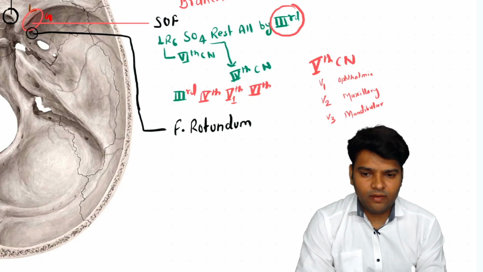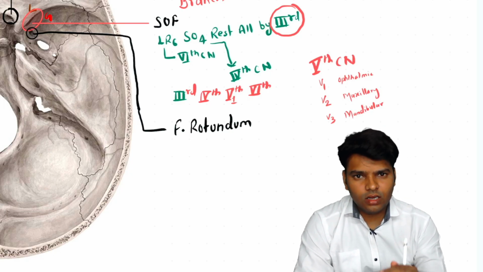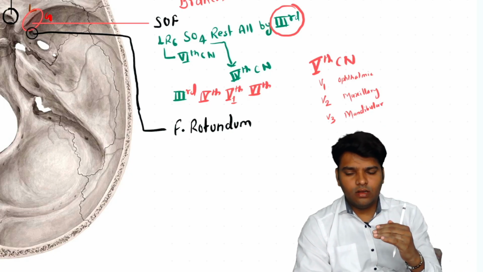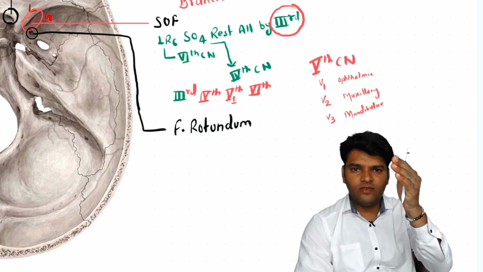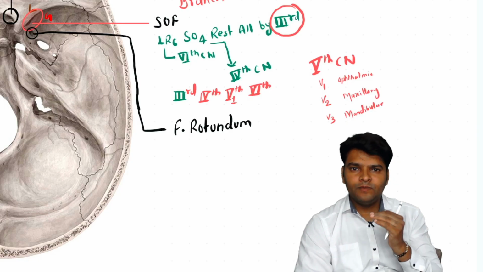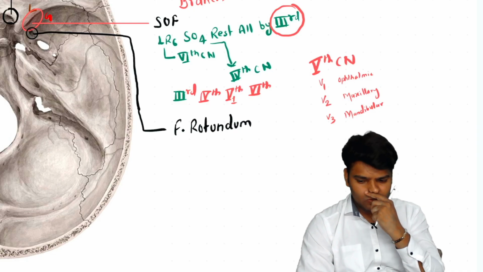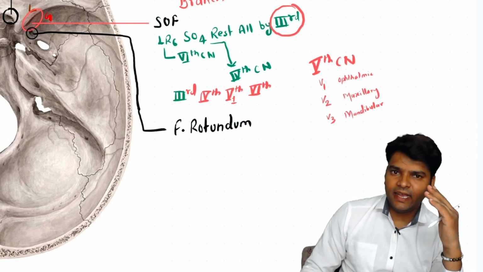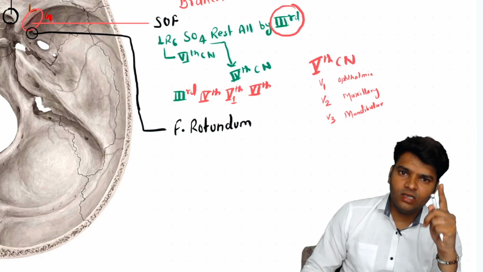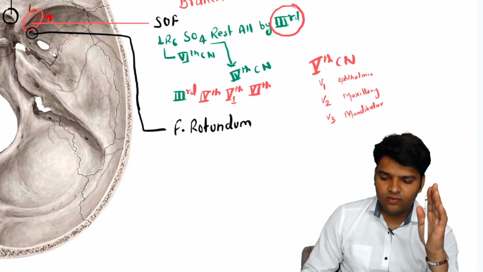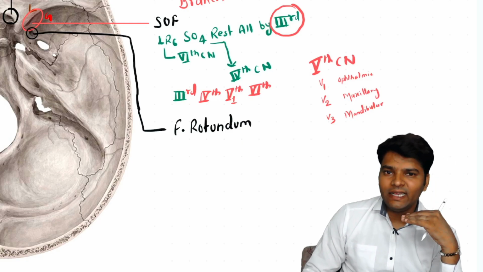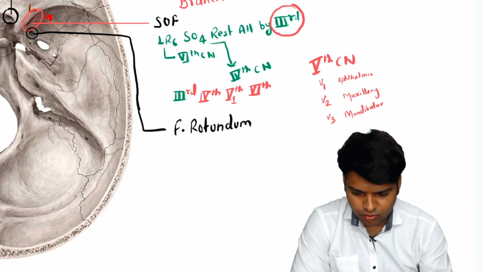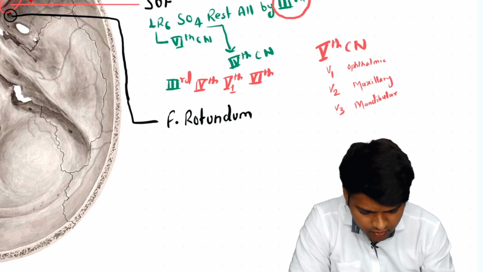I have already told you, all these things are present in a very good sequence, in a very good pattern. We have already learned about the fifth cranial nerve, the trigeminal nerve. V1 passes through the superior orbital fissure, and V2, the maxillary nerve.